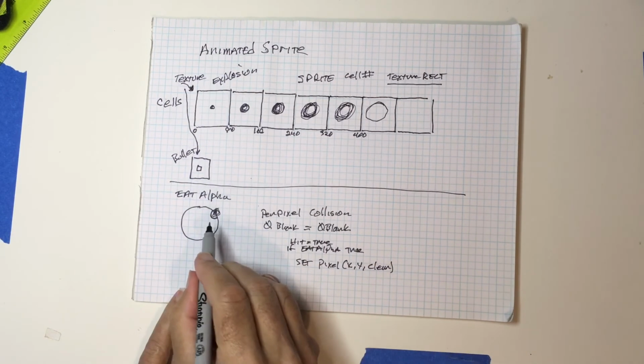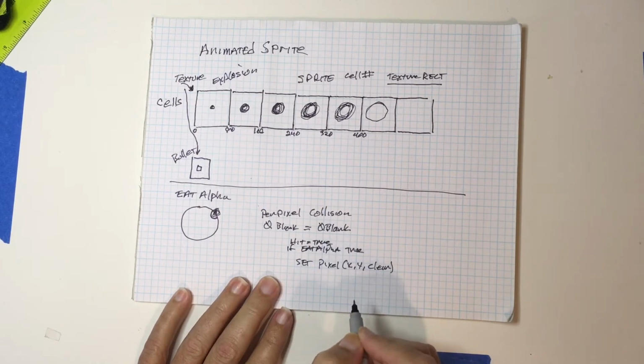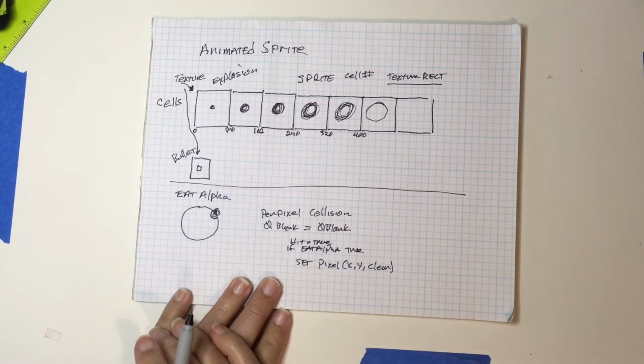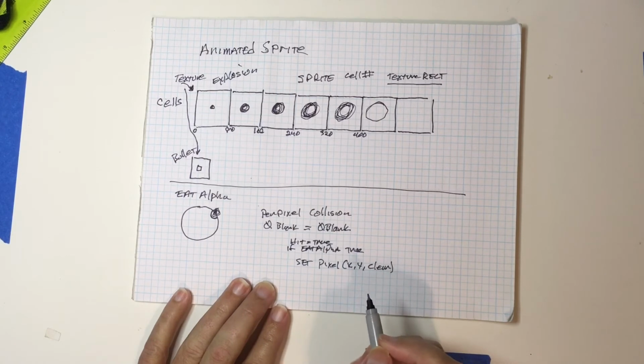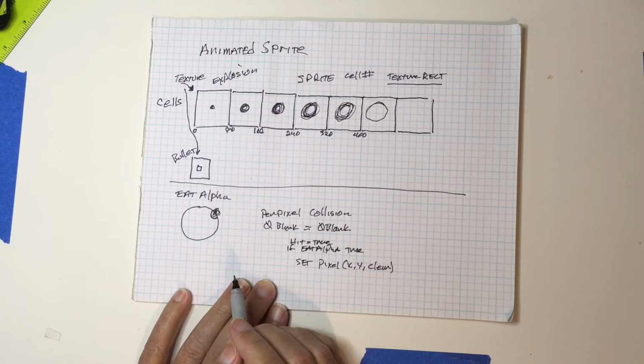As it's going through doing the hit check, it says, if I'm supposed to eat the alpha, then let's just set this to clear. That will automatically take a chunk out of the texture, which is what we want it to do. Again, we have to do the offsets to make sure it's working okay.